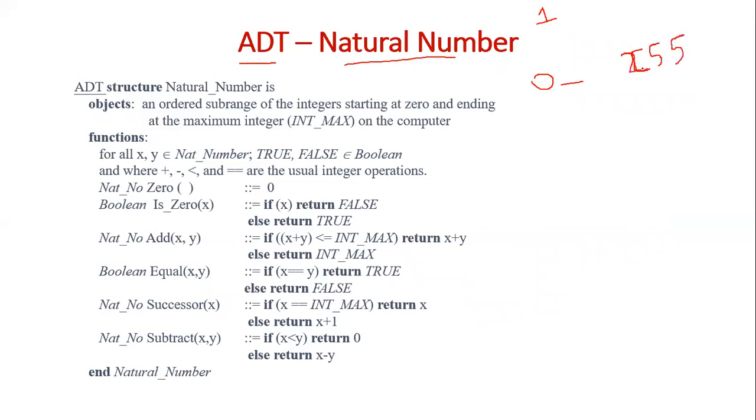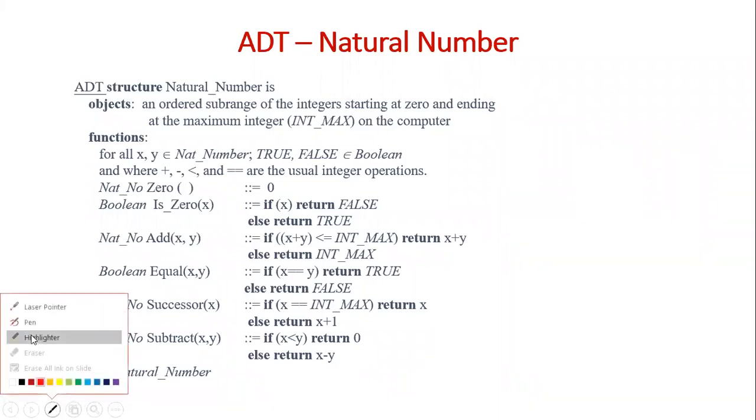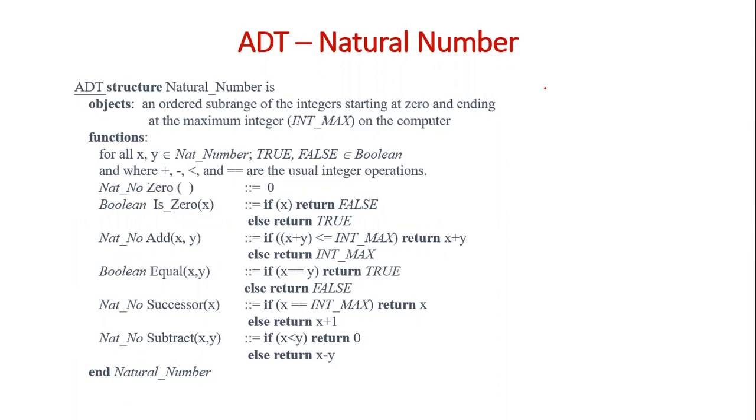Okay, so if you allocate 2 bytes, that is 16 bits, okay, then maximum you can store 2 to the power 16 values.